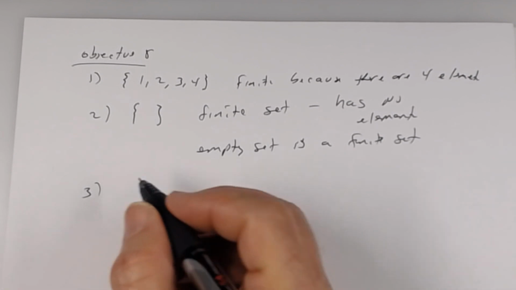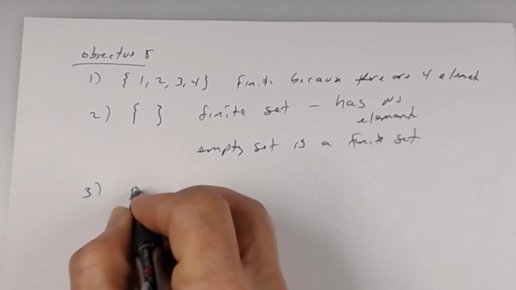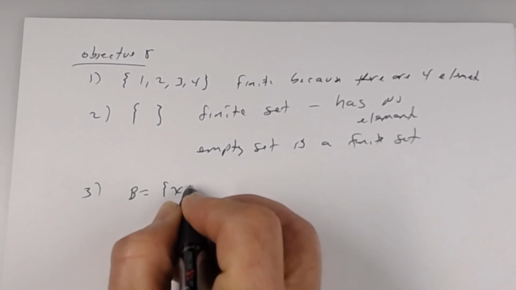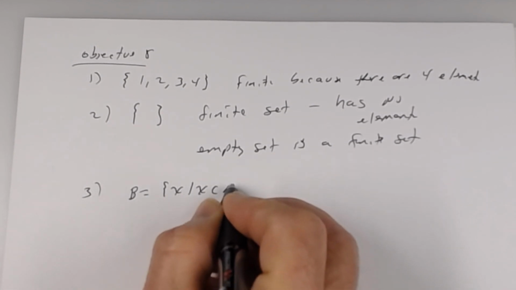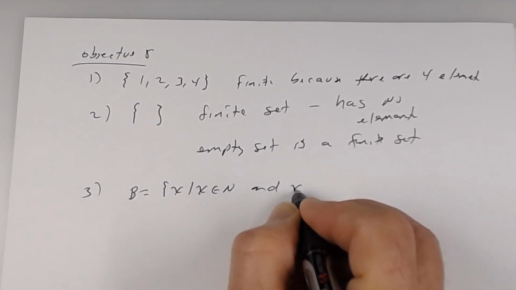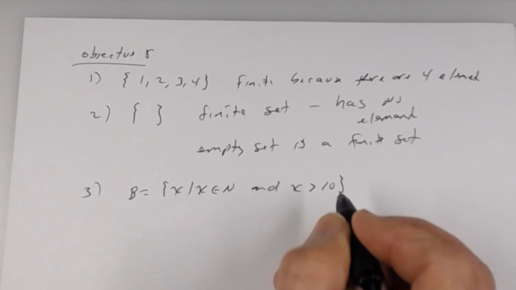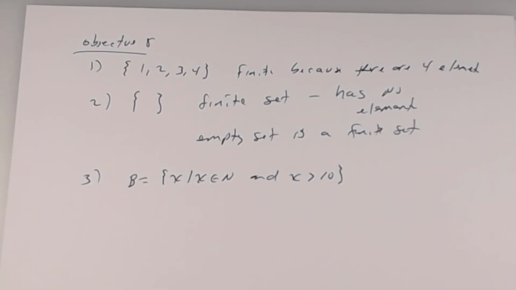All right, and then number 3, suppose we had this. So the question would be, is this finite or infinite? Suppose we had B is the set of x's such that x is a natural number and x is greater than 10. So is that a finite set or an infinite set? Infinite.